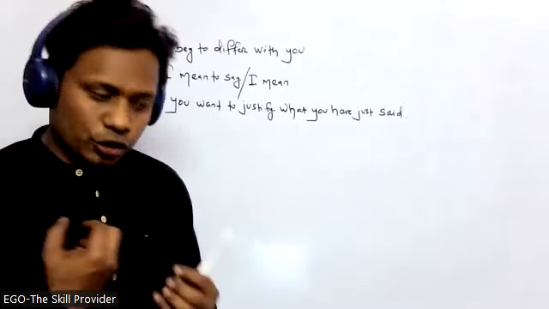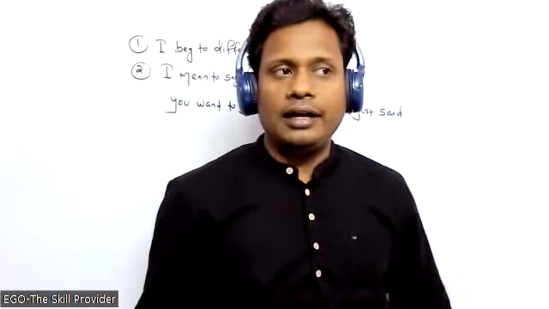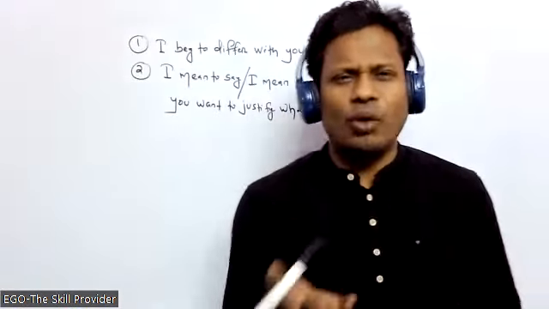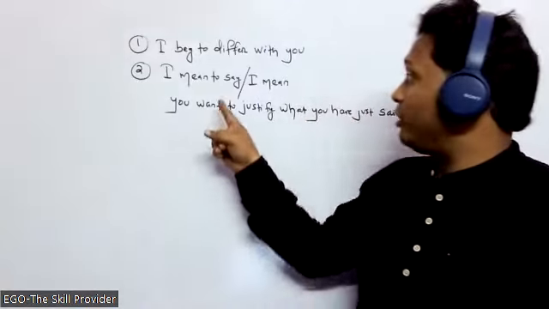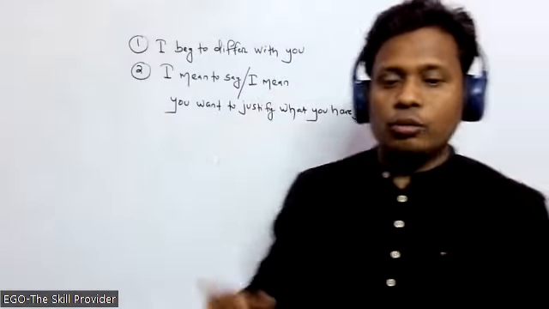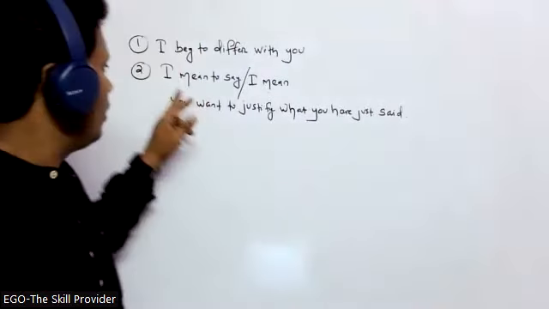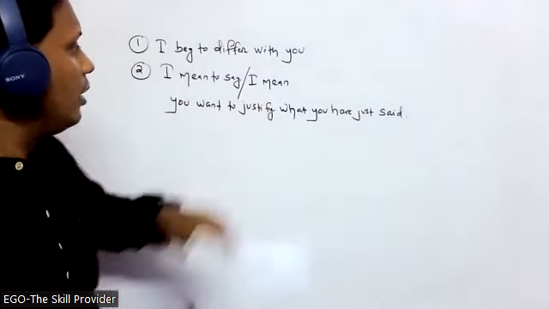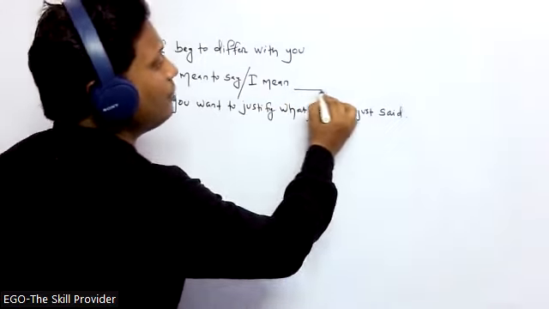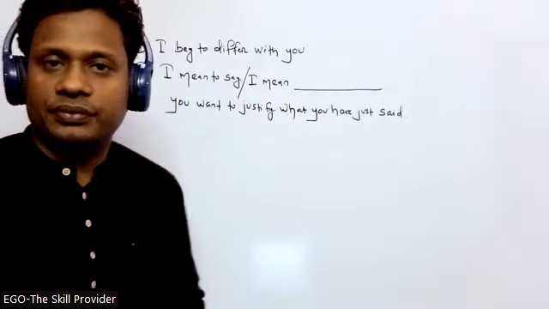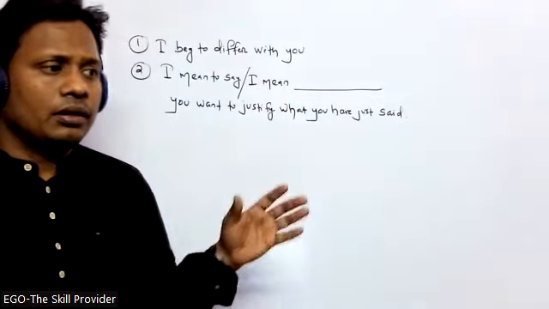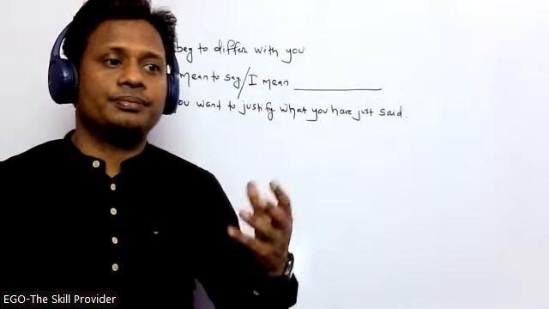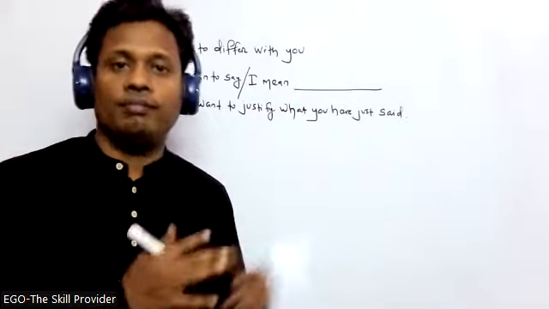Try to understand. Suppose I say something and suppose I don't understand it. I say, what do you mean? I mean to say, that means you are trying to justify what you have said. Most of the time it happens. Take an example of a verb.